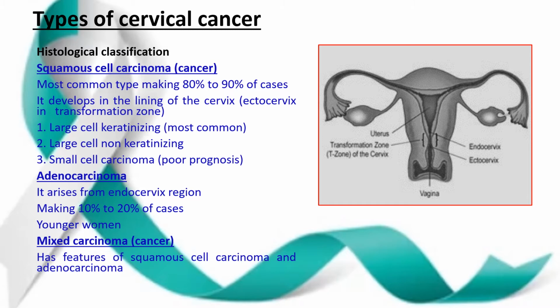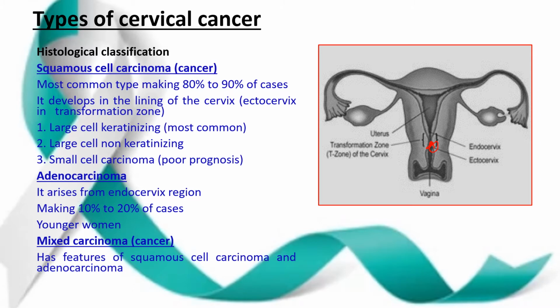It develops in the lining of the cervix, the ectocervix, in the transformation zone. So this is the ectocervix, which is called the transformation zone, where we have the squamous cells. So here we have the presence of squamous cell carcinoma.